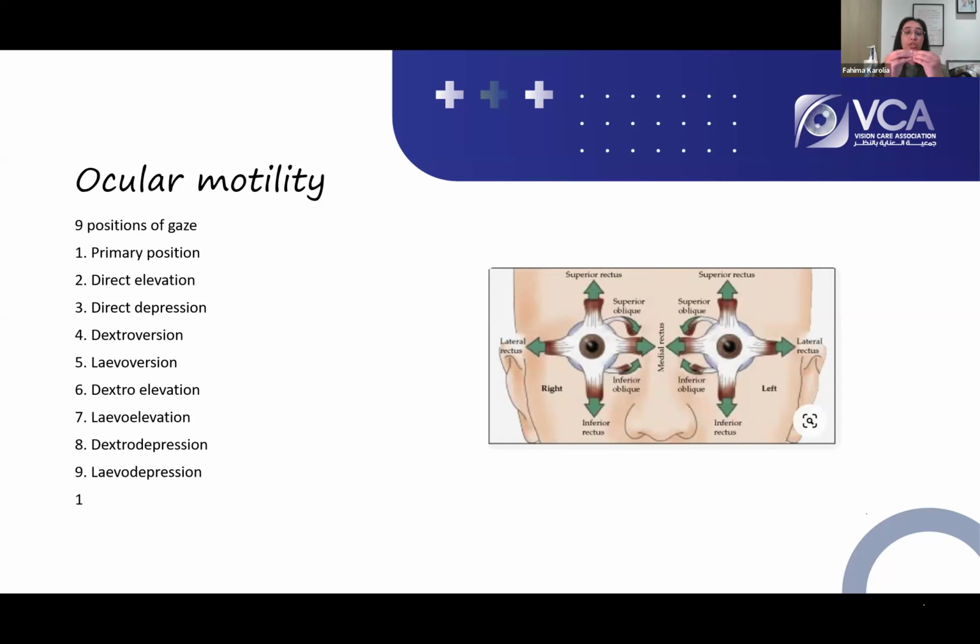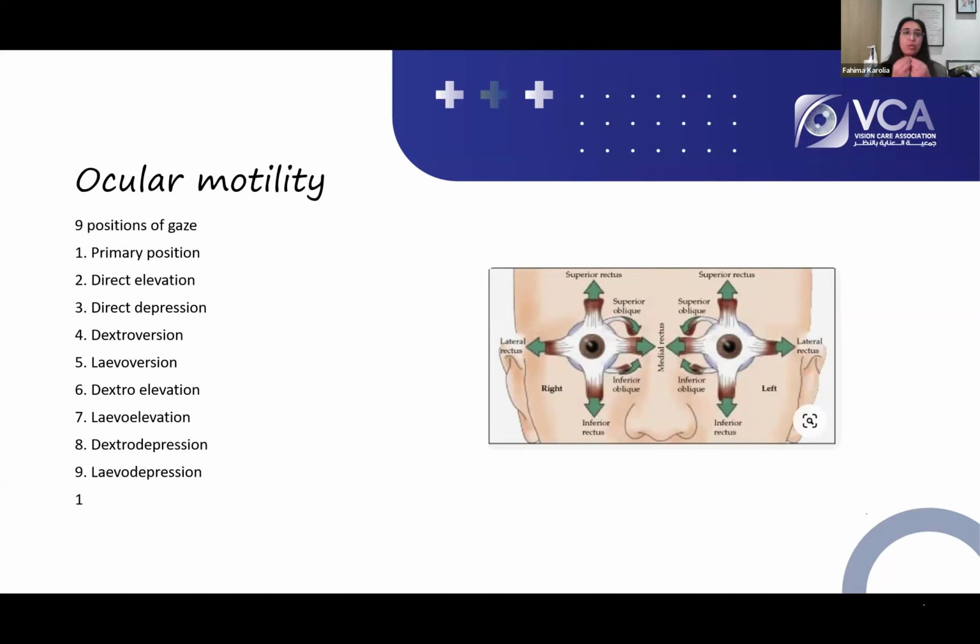Personally, whichever one I do next, I like to do it with the opposite one. So if I go in levoversion, I like to go in dextroversion straight away. Why? Because I want to compare if there's a restriction on this side compared to this side, or if that's just how my eyes look. It's much easier to compare to know if there are restrictions or underactions or overactions.